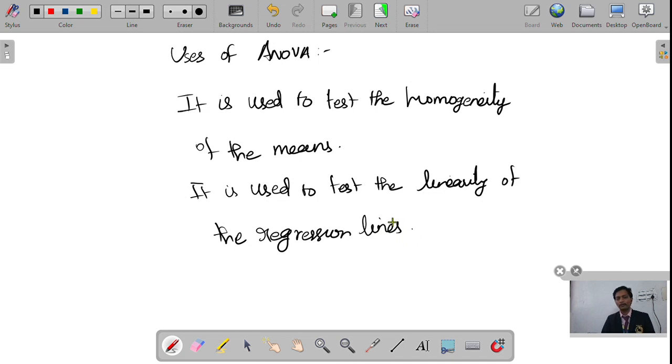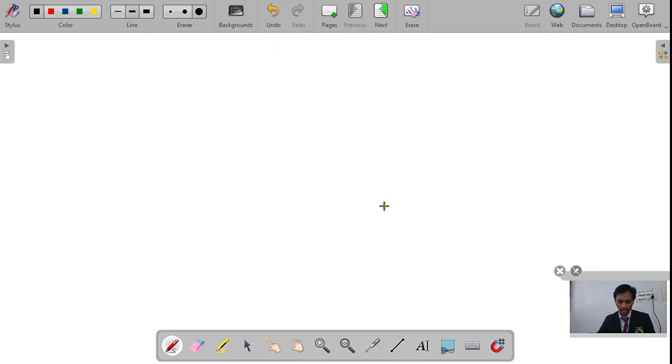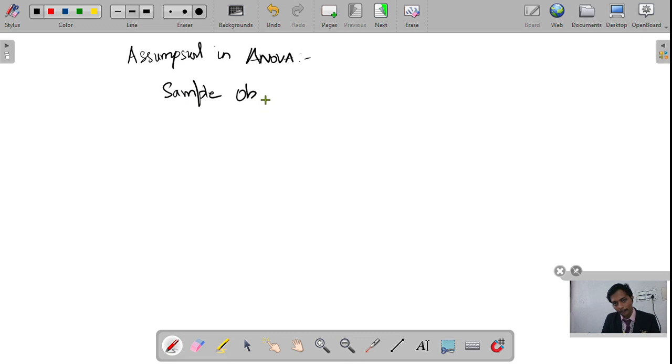There are assumptions, so first we are going to see the assumptions in ANOVA. First, the sample observations are independent.